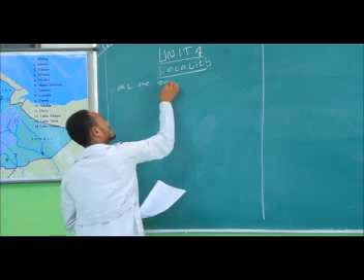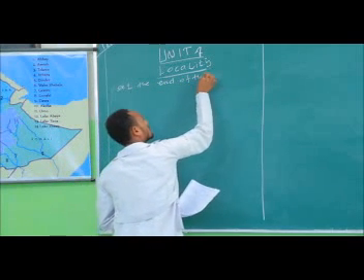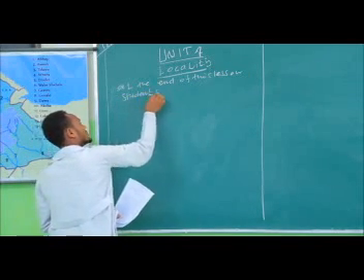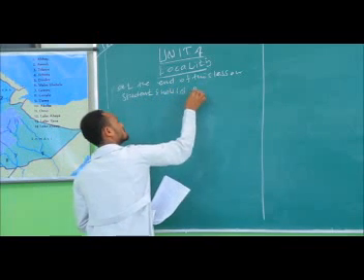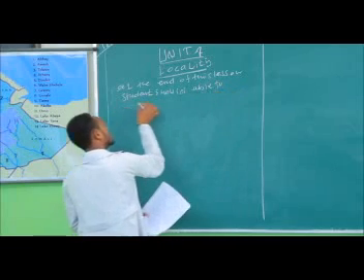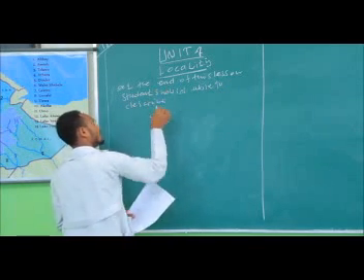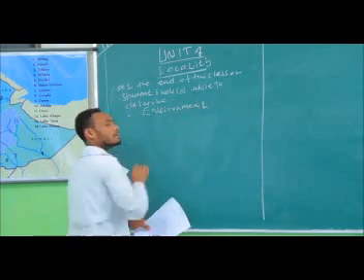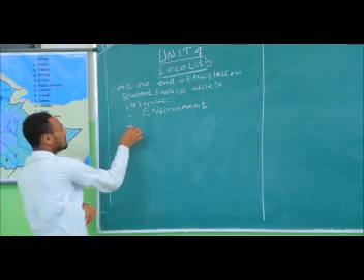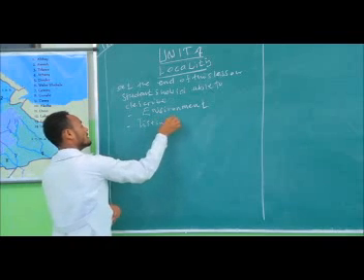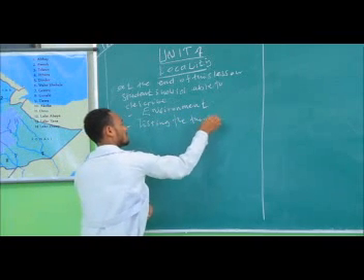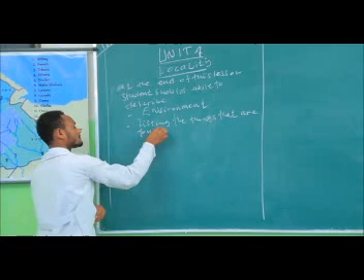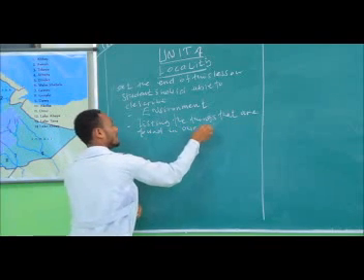At the end of this lesson, students should be able to describe the first one, the environment, and the second one, listing the things that are found in our environment.